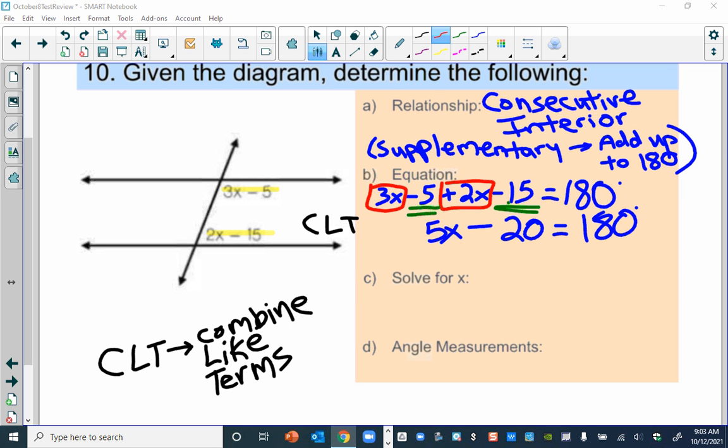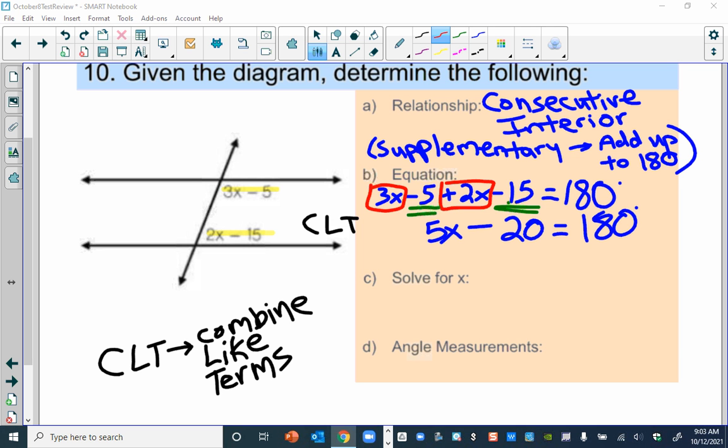Okay. Anybody get a value of x? What'd you get? 40. All right, from here, x is 40. Anybody else get 40?